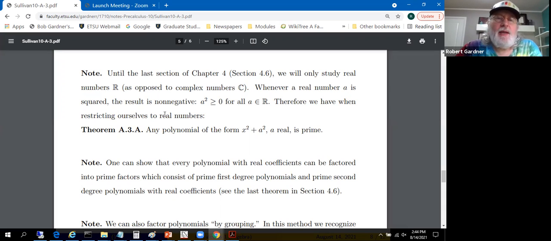Whenever a real number a is squared, the result is non-negative. That is, a squared is greater than or equal to 0 for all real numbers a. Complex numbers can behave differently, but here's our constraint.